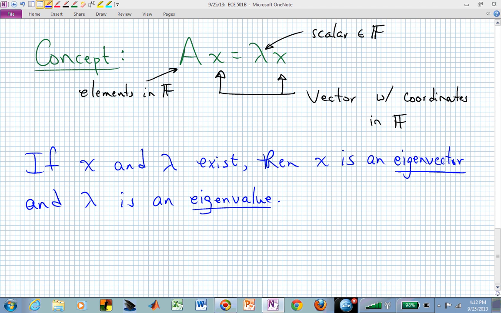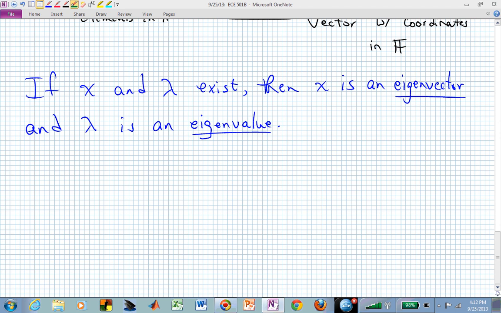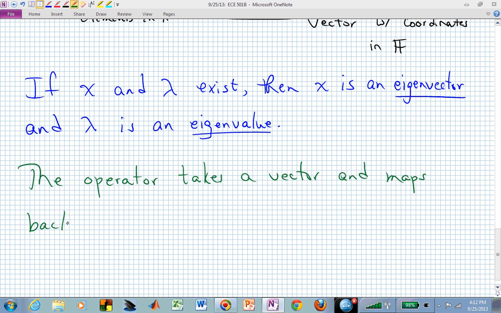Let me see if I can say that in words a few times. The operator, that's that matrix A, the operator takes a vector and maps back into a scaled version of, let me say, that same vector.